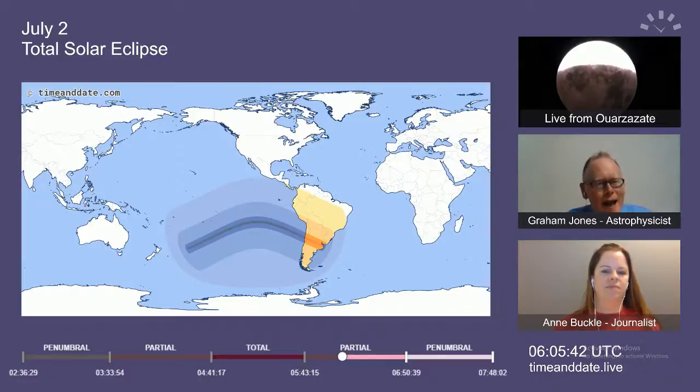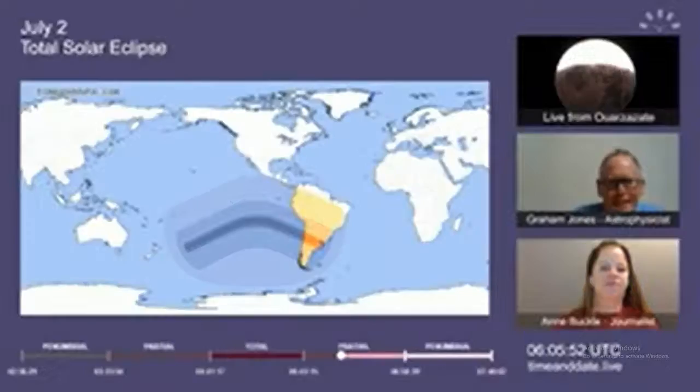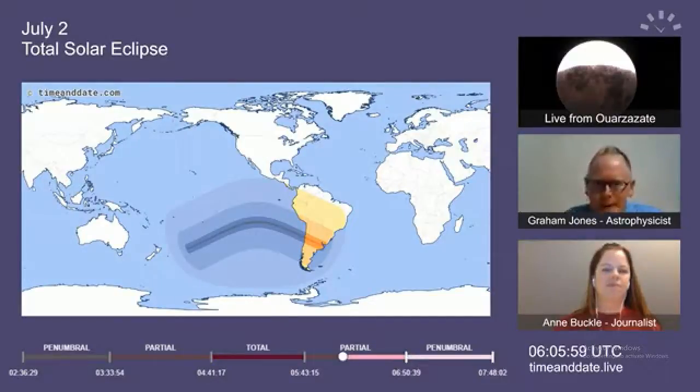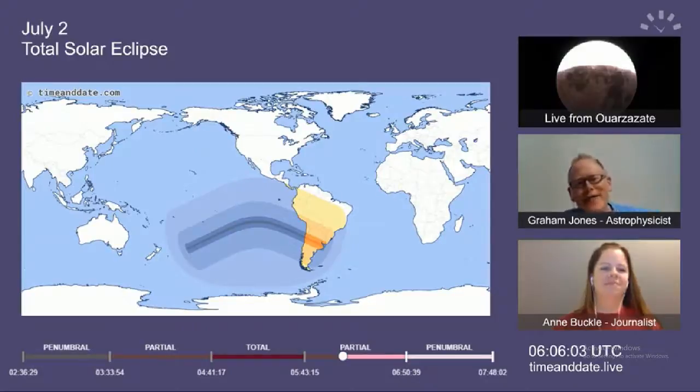We're looking here at the map of the total solar eclipse of July the 2nd this year. The light grey area is showing the part of the globe that will see a partial solar eclipse. In the very middle of that grey area, we have that very narrow red line that starts in the South Pacific and ends in Argentina, very close to Buenos Aires.